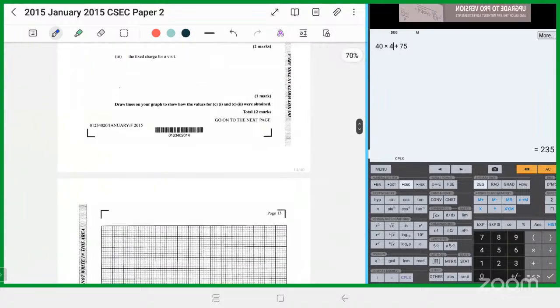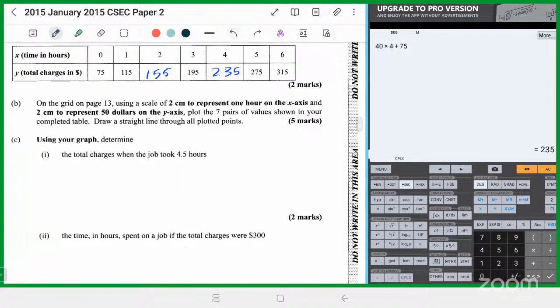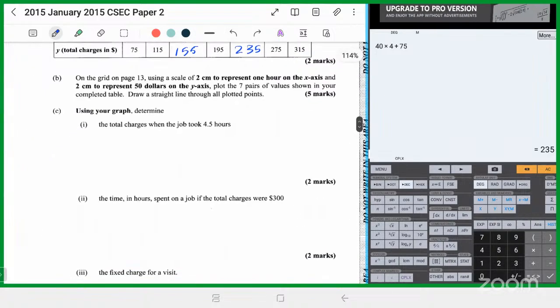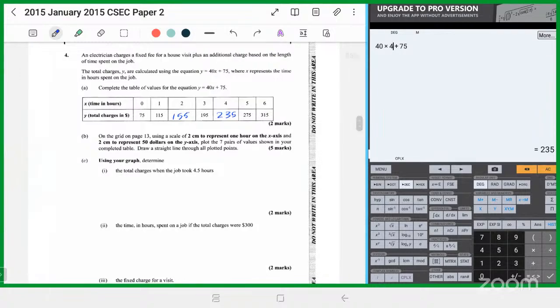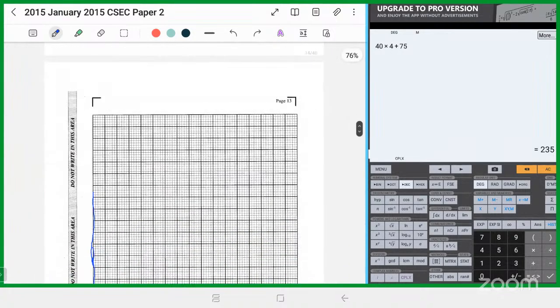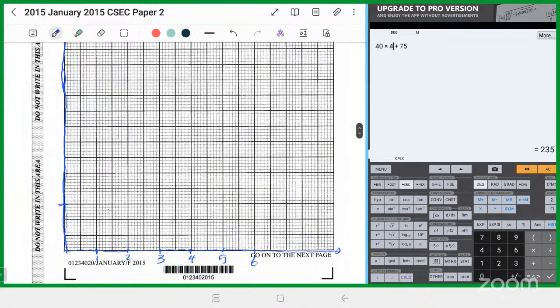I have to make sure that this all can hold on the scale. He's starting at $75, so I don't know that we have to start at 0 on the scale. You have to be able to hold 315 in terms of the money. So it's 2 centimeters to $50, so 4 centimeters to $100. So this should be $100, $200, $300.